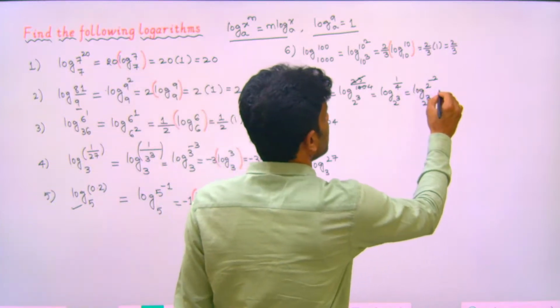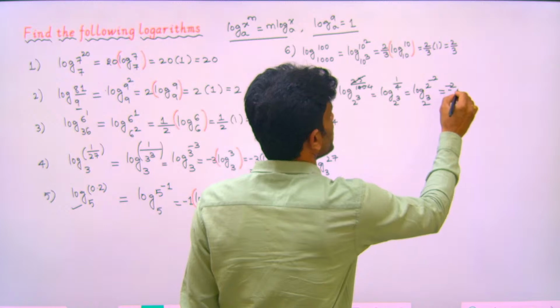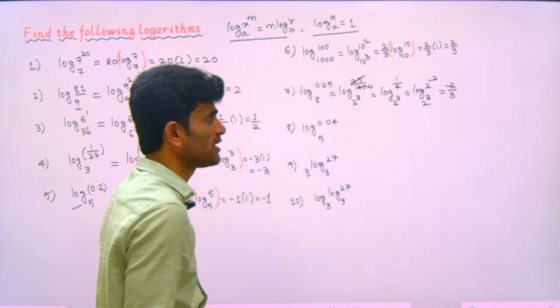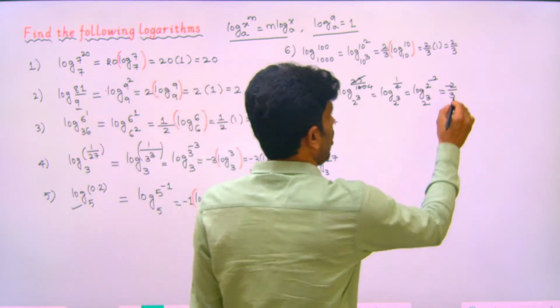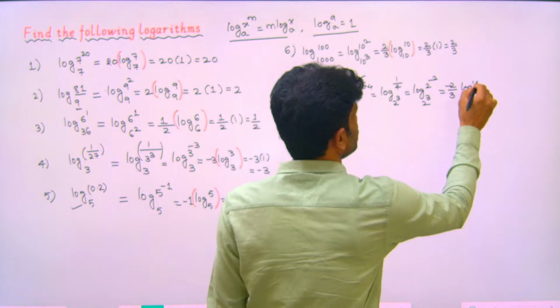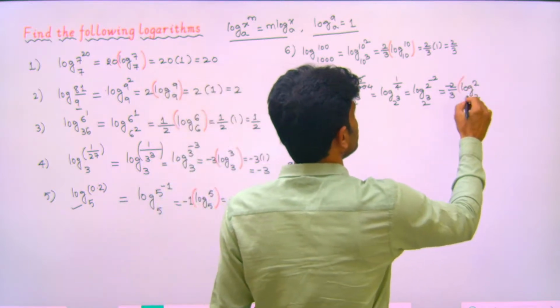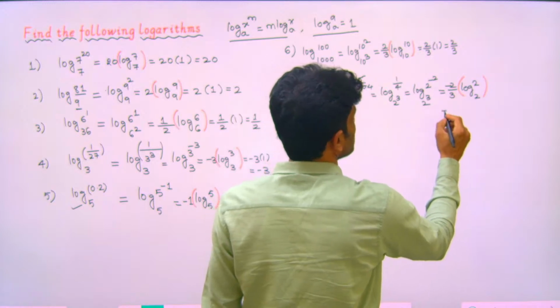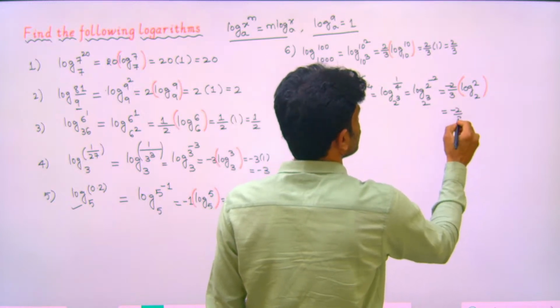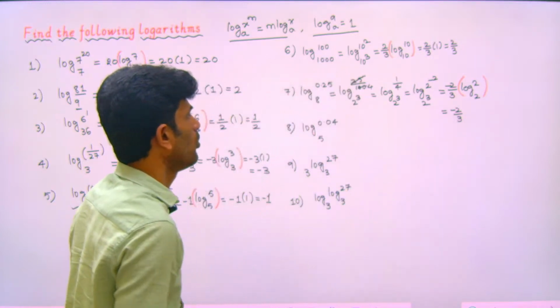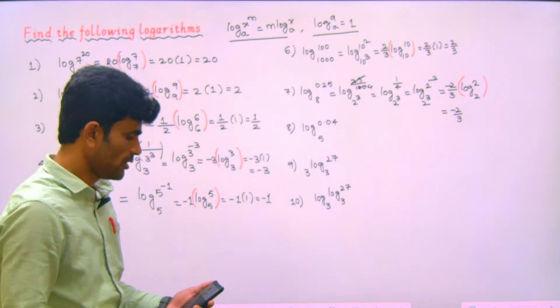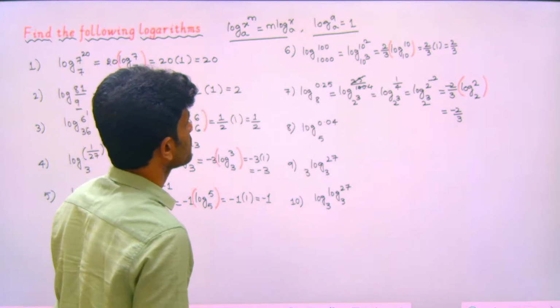Again, minus 2 will come into the numerator, 3 into the denominator: minus 2 by 3 log 2 to the base 2. Log 2 to the base 2 is 1. So what is the result? Result is minus 2 by 3. Hope you understood that.